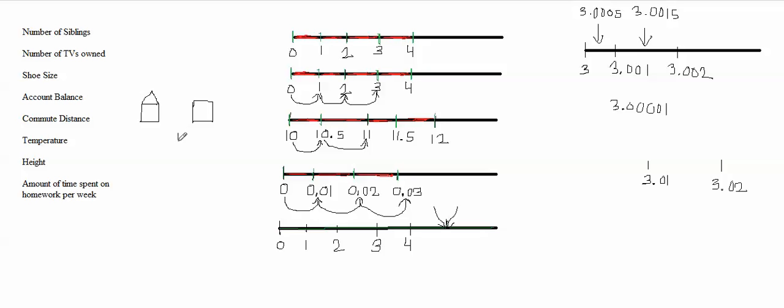It wouldn't be like the distance jumps like this and then jumps again like this. It would just smoothly, or continuously, get to be a larger and larger distance if I pushed my house out this way or if I pushed my school out this way.